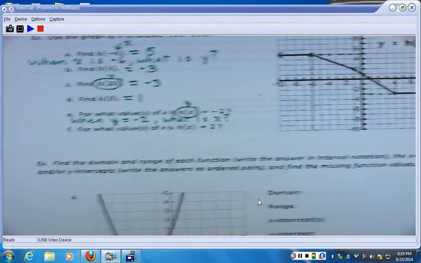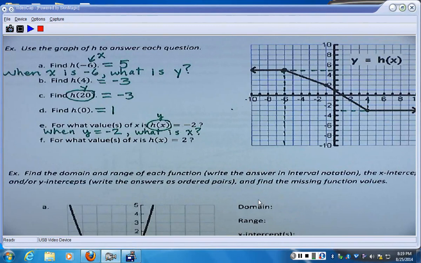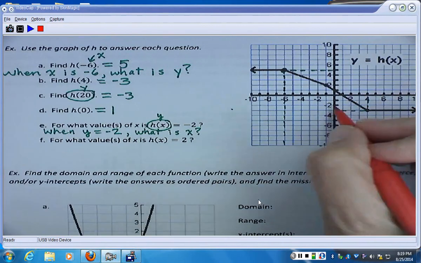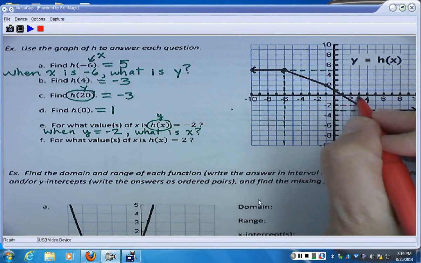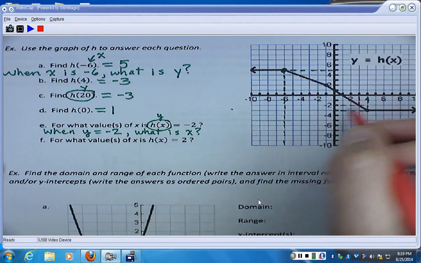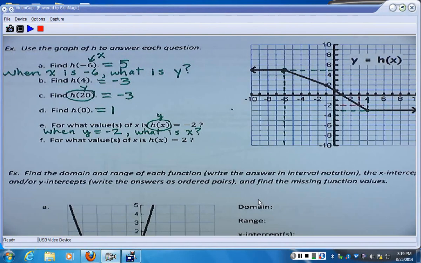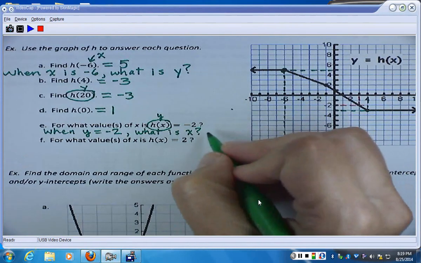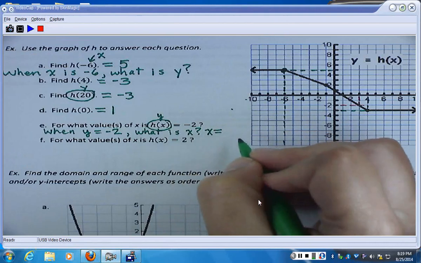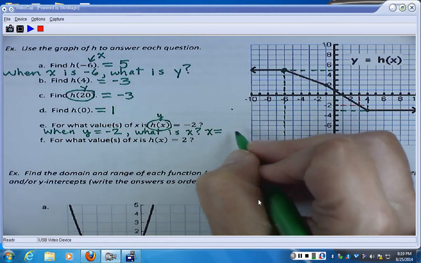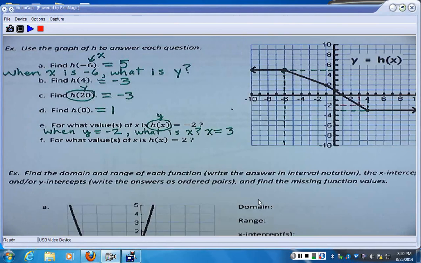So when y is -2, you do get x equals 3. It doesn't hit the graph more than once. X equals 3, not -3. So x equals 3.